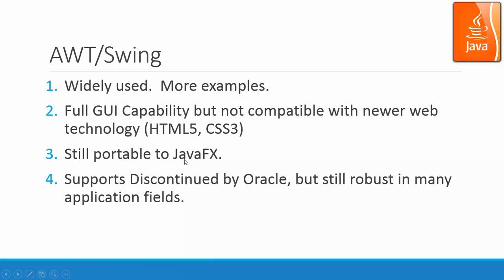But somehow, JavaFX can still include modules from Swing. So Swing is still very important since the program can be portable to the JavaFX environment. The support from Oracle for Swing and AWT has been discontinued, but they are still very robust in many application fields.